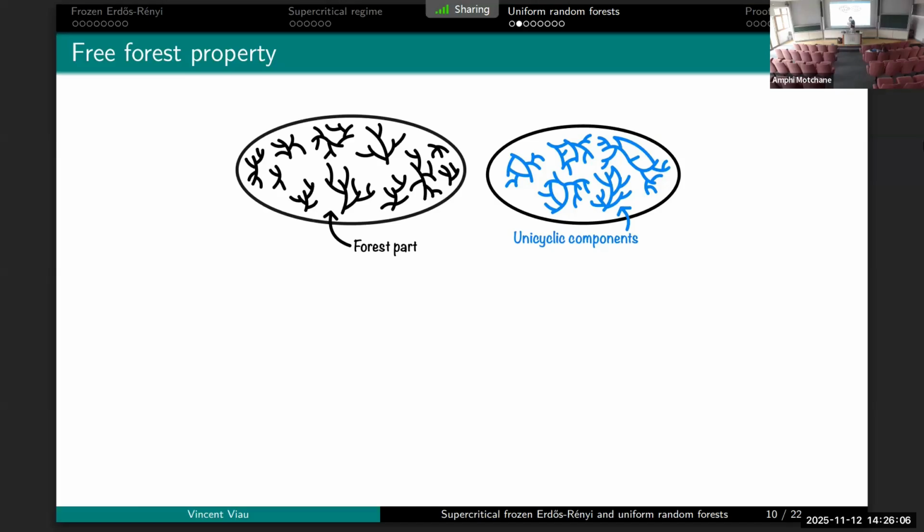So if we want to understand how the process G jumps, we can try to understand what the forest part of the graph looks like.